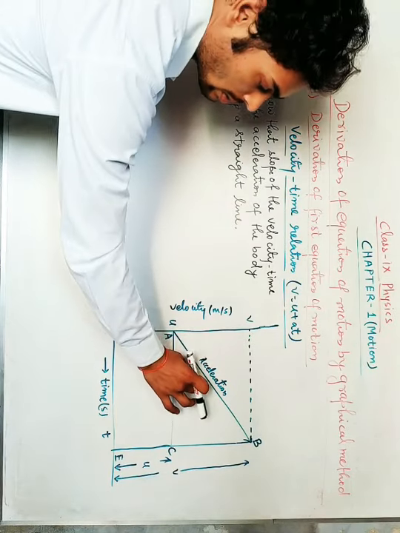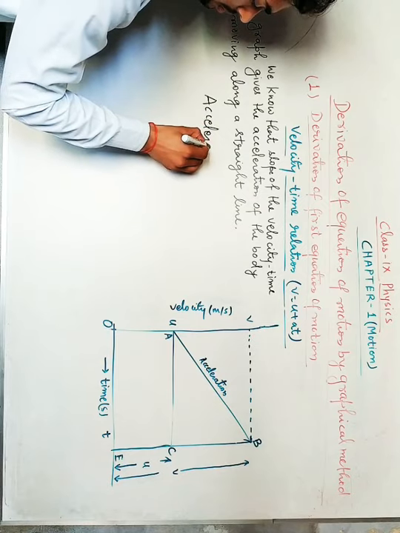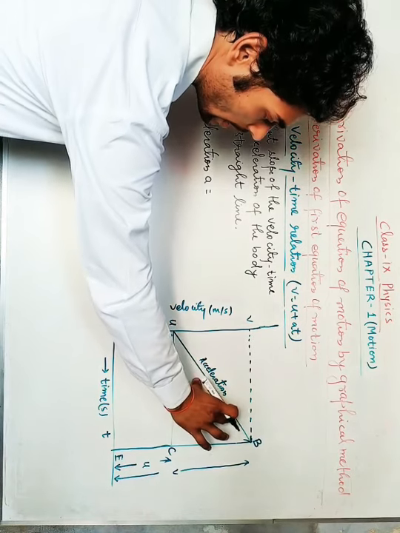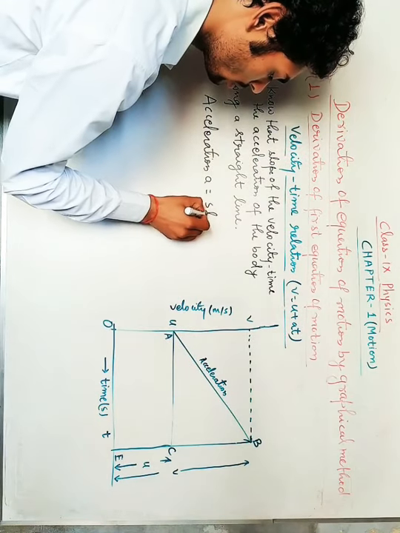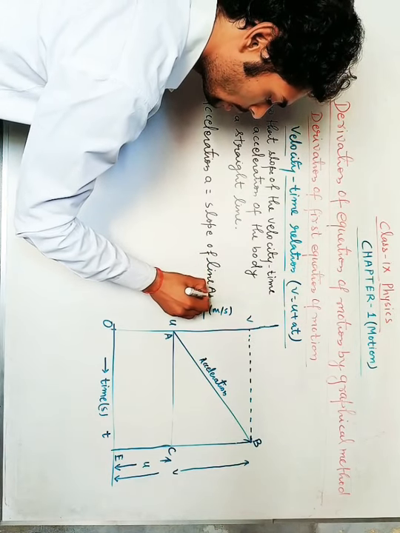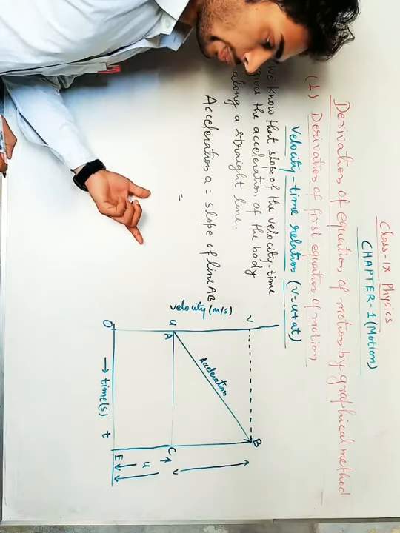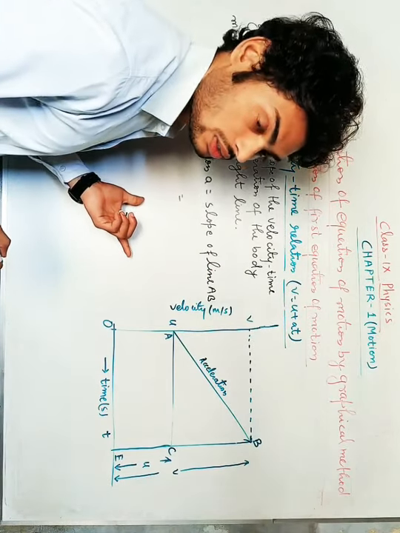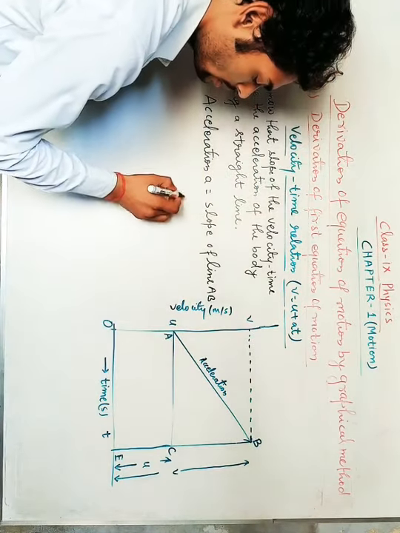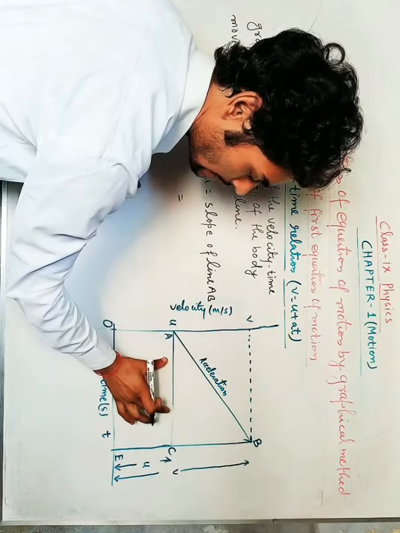Then acceleration a equal slope of line AB. This is line AB, and we know the formula of acceleration: change in velocity by time taken. So we can write acceleration equal BC by AC.